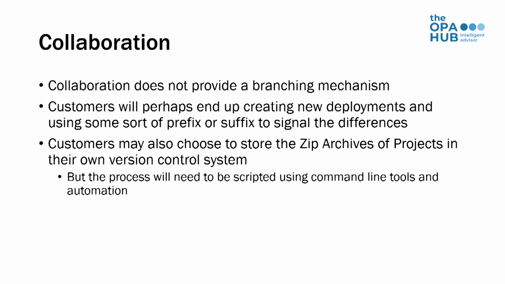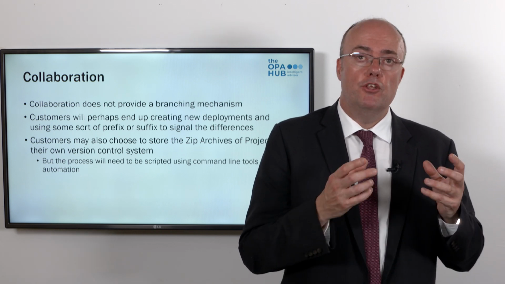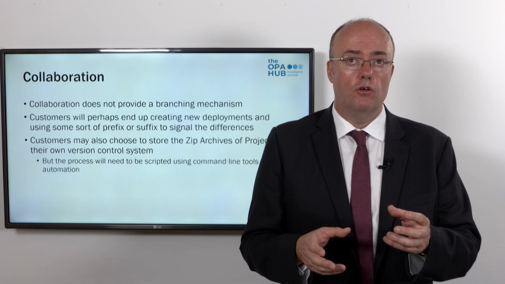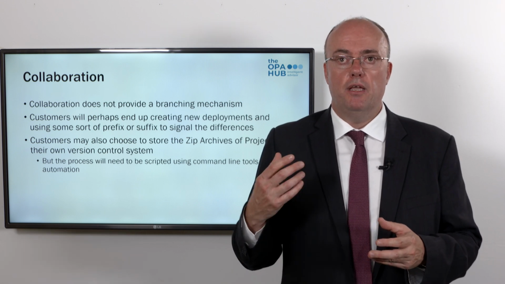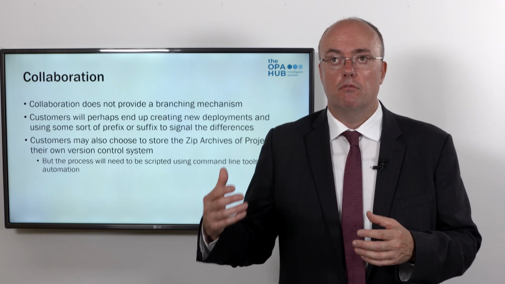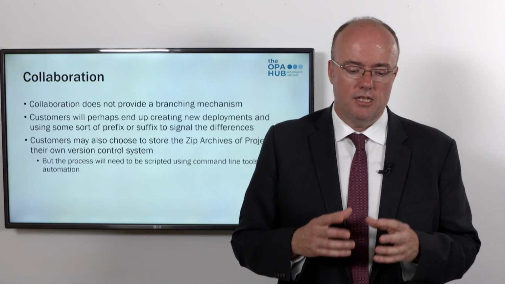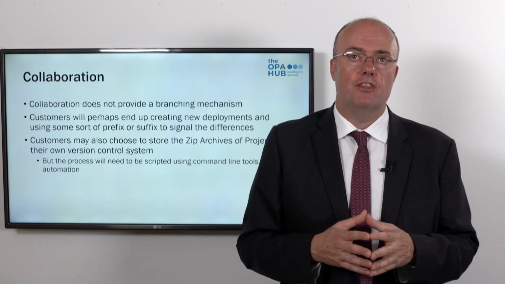So all of what I've spoken to you about is relevant typically to a development hub. But when you move away from the development hub and you take that zip file that you've downloaded and you deploy it on the test or the production hub, then you'll be in a different version number because you'll be in a different hub. So it's typically necessary to automate and document that process.